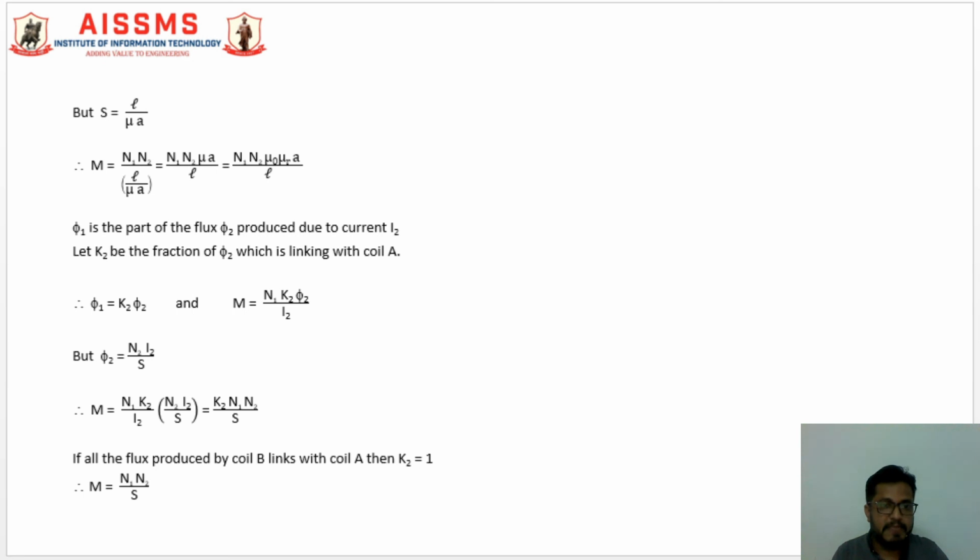Therefore, M equal to N1 K2 by I2 into N2 I2 by S. So it is equal to K2 N1 N2 by S. If all the flux produced by coil B links with coil A, then K2 equal to 1. Therefore, M equal to N2 N1 divided by S.